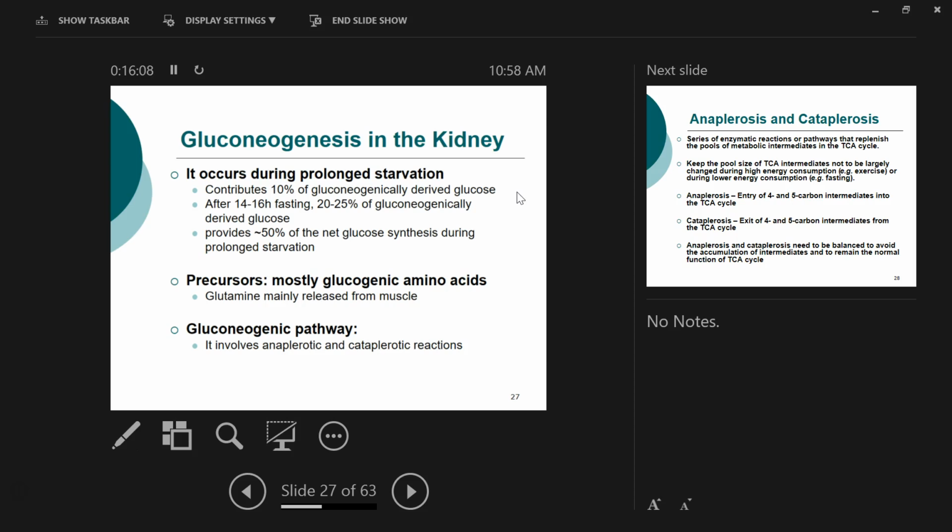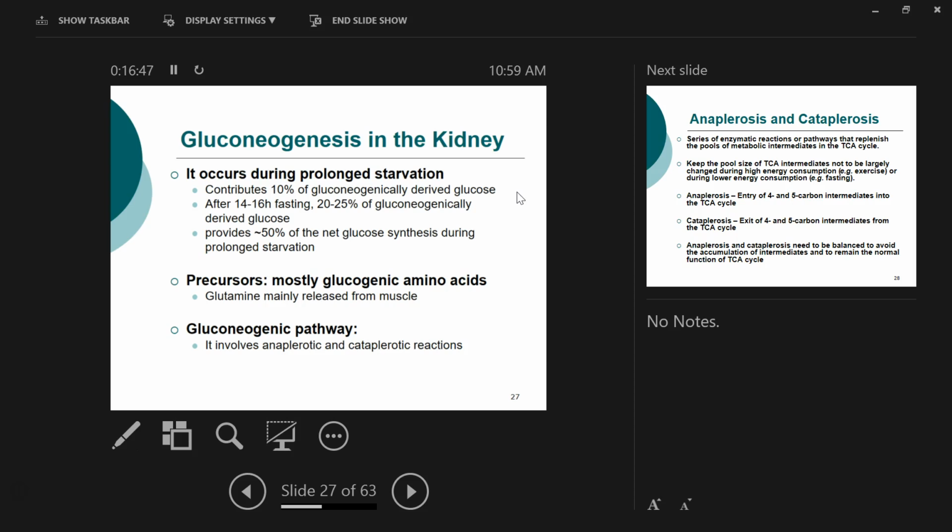And the last important point about gluconeogenesis in the kidney is that the TCA cycle is actually involved in gluconeogenesis. We're also going to talk about it on the next slide. It's called anaplerosis and cataplerosis, that means the reactions involved in the TCA cycle. So there are three points that are important to remember related to gluconeogenesis in the kidney.